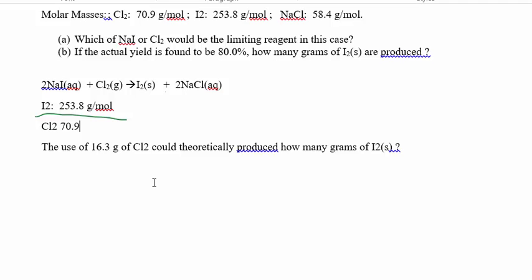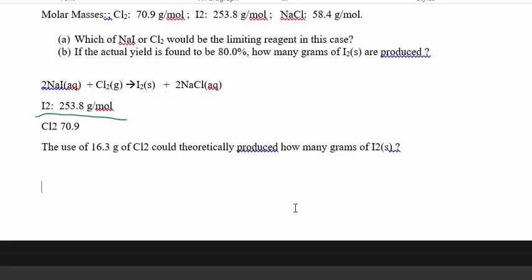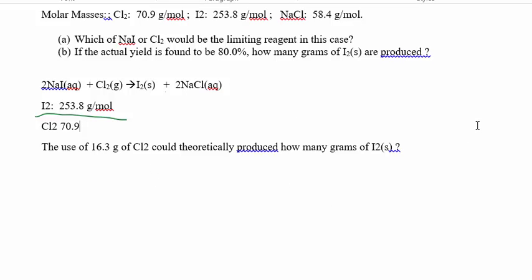Alright, so let me just get my pen. And we're going to do this in black. Start off with black and move forward. Alright, so what I'm going to do first is I have 16.3 grams of chlorine.